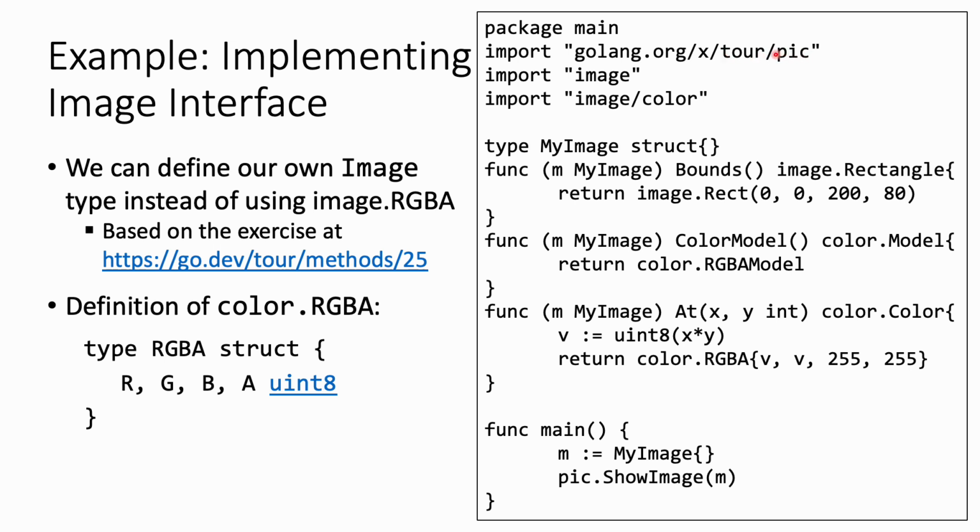It takes a value m of the image interface type and displays the image m when executed on the Go playground. Here is the image m displayed by this program when it is executed on the Go playground.